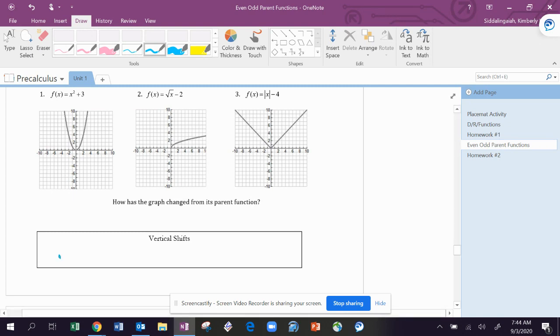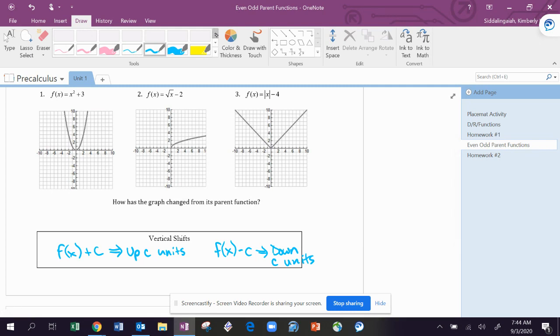So if I have f of x plus c, this is going to move up c units. And if I have f of x minus c, this is going to go down c units. It's outside the function. It's pretty straightforward.